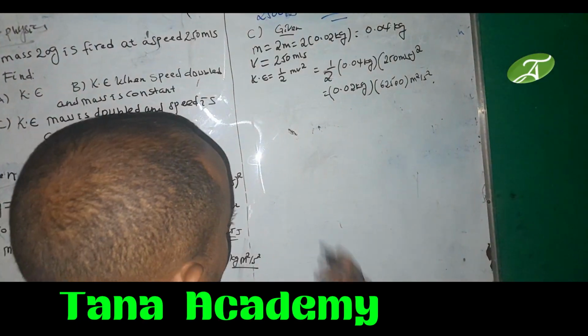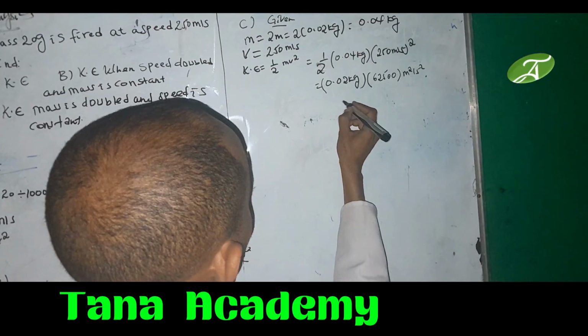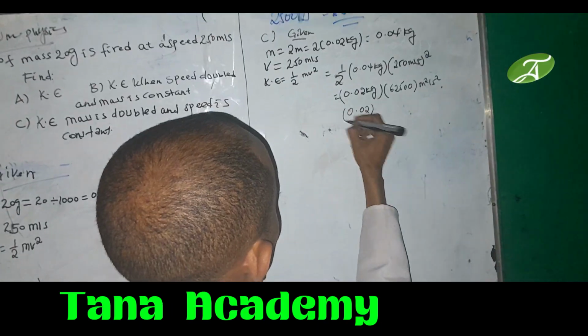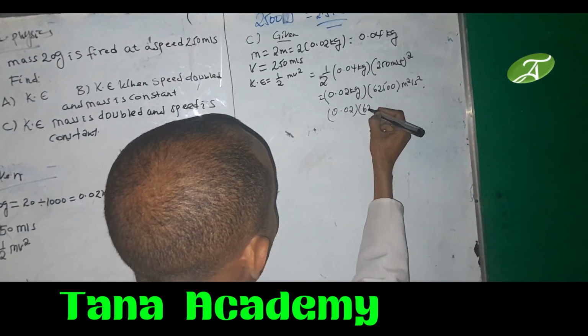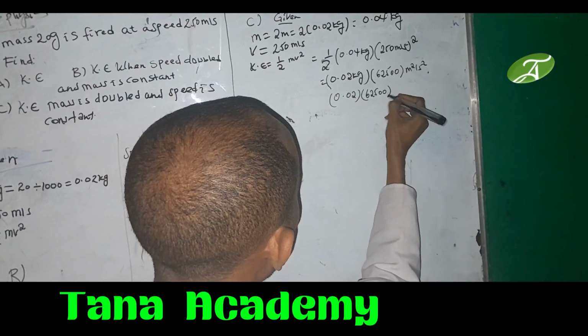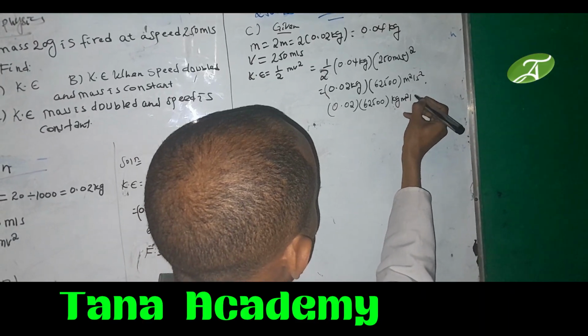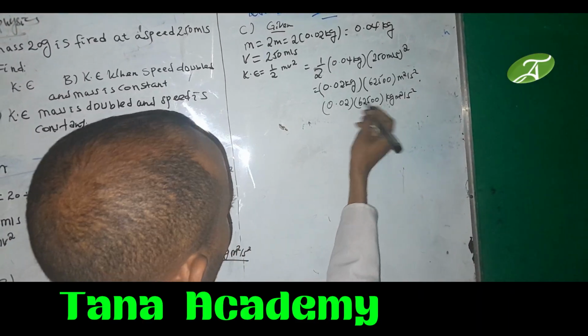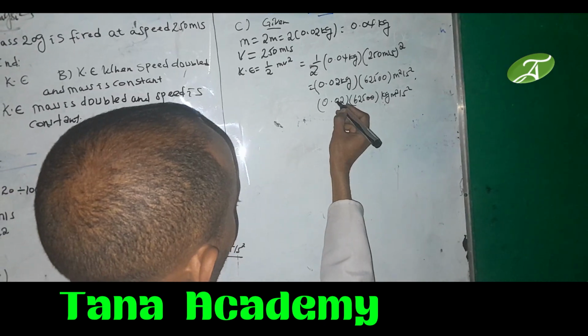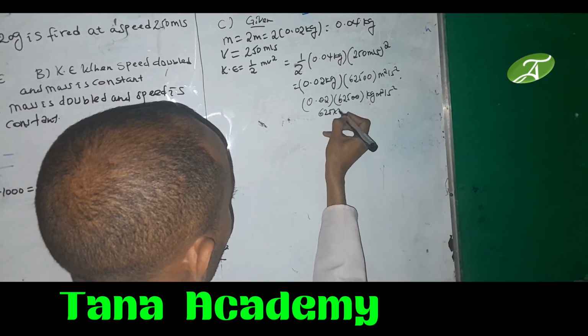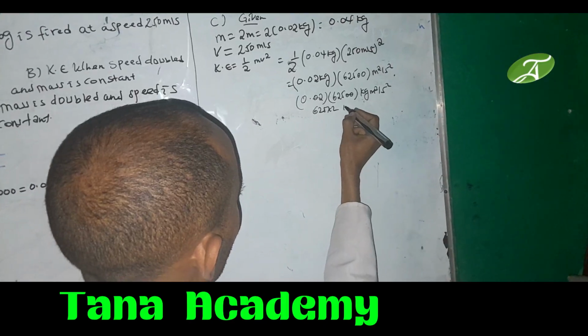And finally we will have 0.02 into 62,500 kilogram meter square second square. And this becomes, you can cancel out 2 zeros, and 625 times 2, what? Joule.